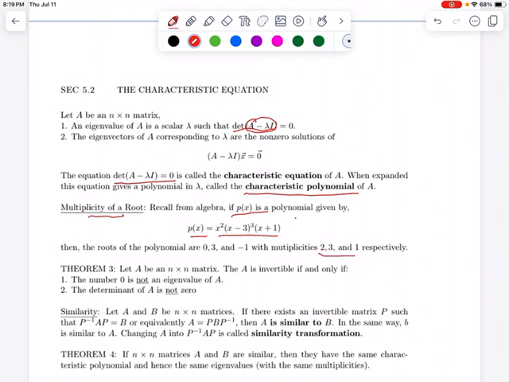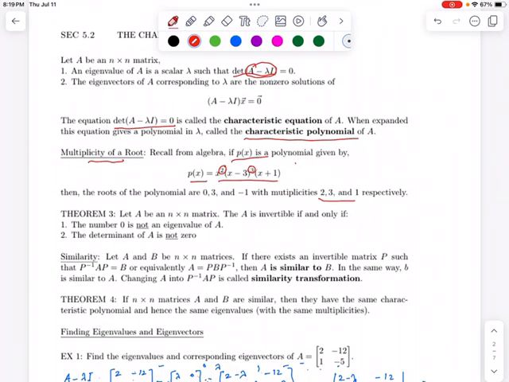The 0 has multiplicity 2 because it's x squared, and 3 has multiplicity 3 because it is x minus 3 whole cubed. So the multiplicity is the power, or the number of times that factor appears in the expansion of the polynomial.